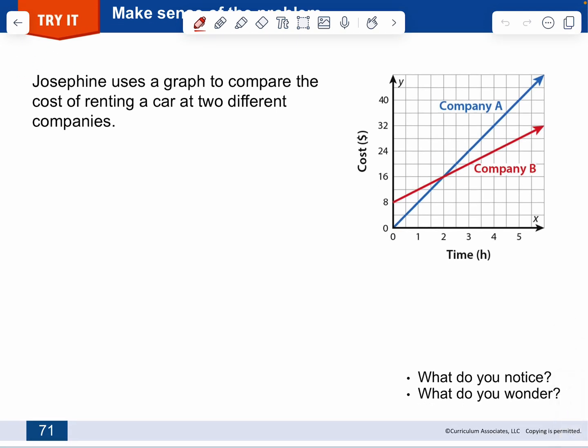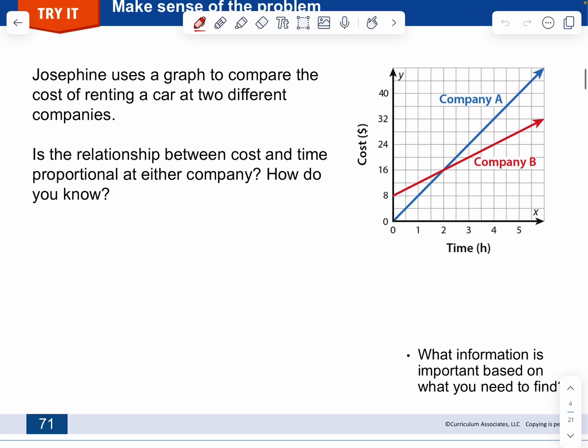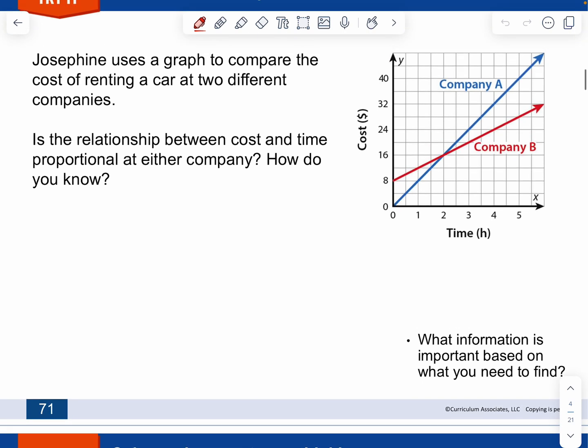The try it on page 71. Josephine uses a graph to compare the cost of renting a car at two different companies.